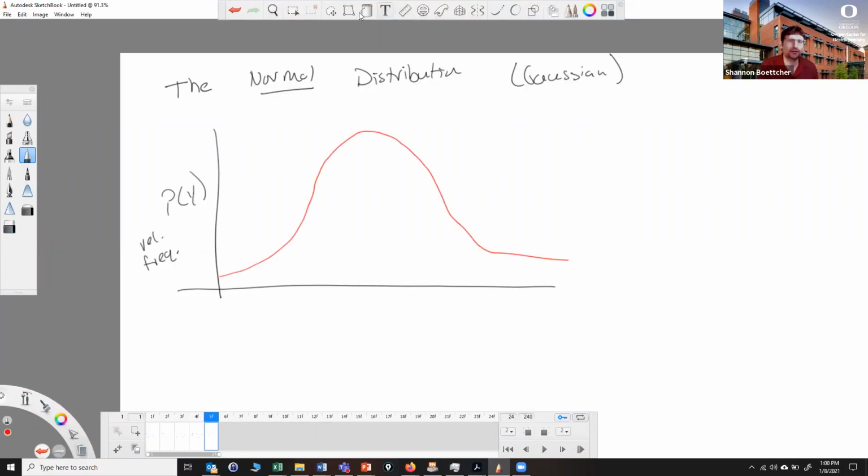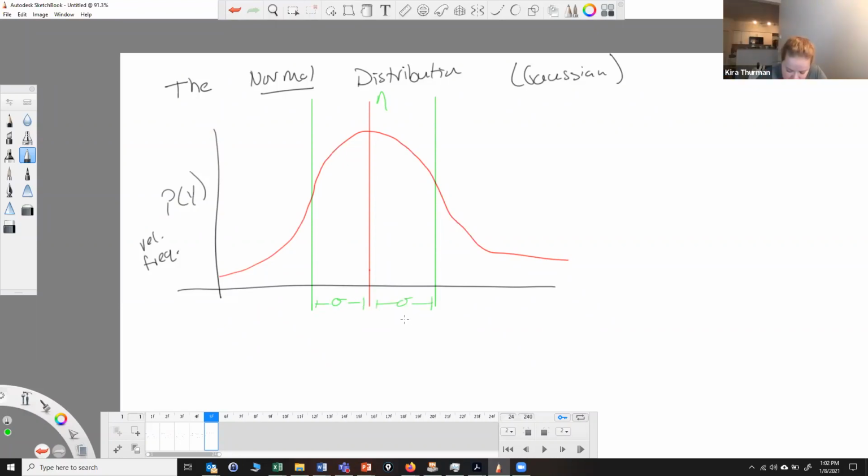And then I might want to think about what fraction, where this is the mean eta, if we go 1 sigma in either direction. So this is going to be sigma. What's sigma again? Standard deviation of the population or of the sample? Population.